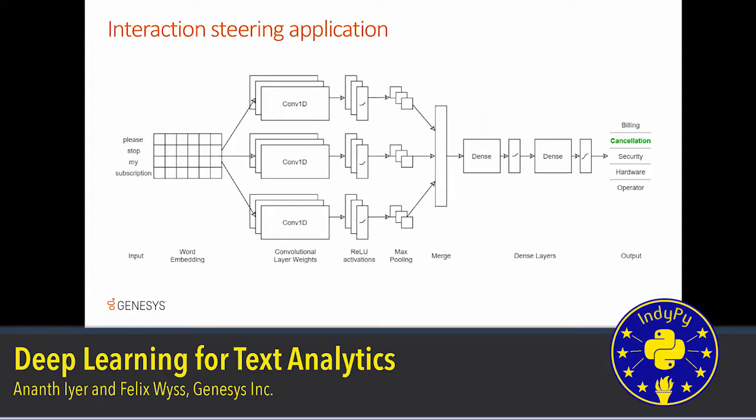So the way we do this is each of these words, which are tokenized, we get the embeddings, and that's what this box represents. And each of these embeddings are passed into 3 towers of convolutional neural nets, one representing the bigrams, the trigrams, and the quadgrams.